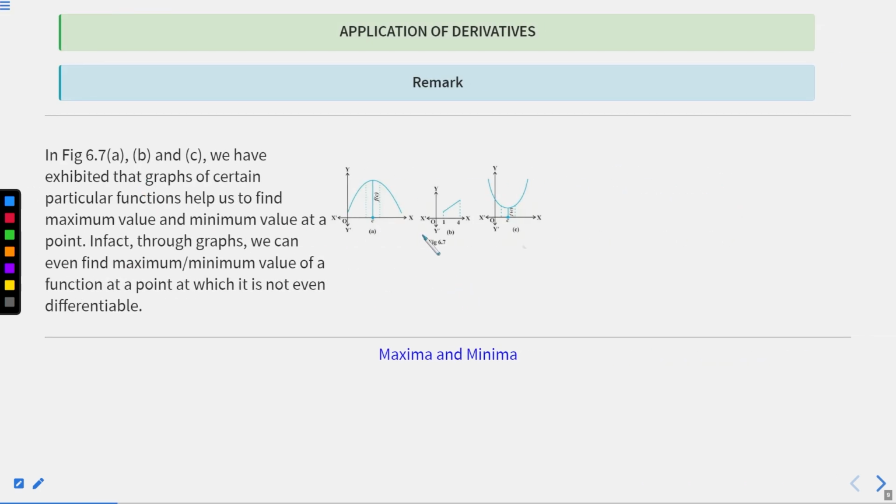Now, if you look at figure 6.7, A, B, C, we have three graphs. We exhibited that the graph of a certain function helps us find the maximum value and minimum value at a point. In fact, through graphs, we can even find the maximum or minimum value of a function at a point which is not even differentiable.